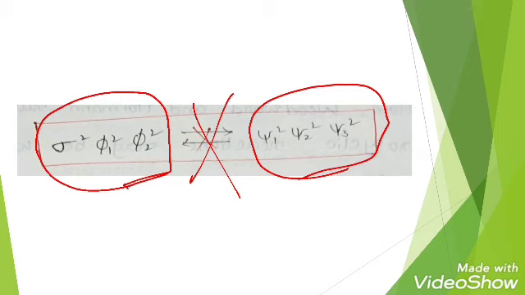Hence, the conrotatory interconversion of cyclohexadiene to hexatriene is symmetry forbidden under thermal conditions. So, the interconversion of cyclohexadiene to hexatriene under thermal condition in conrotatory motion is symmetry forbidden.